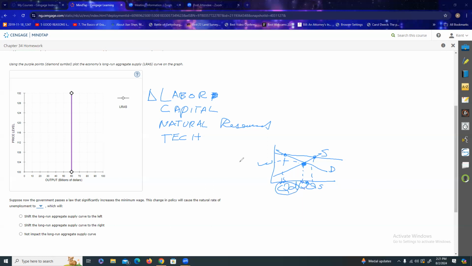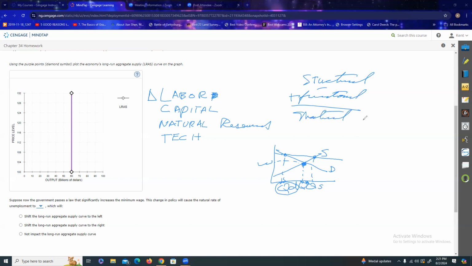And so what's going to happen to the long run aggregate supply curve? It says the change in policy will cause the natural rate of unemployment to... well, the natural rate of unemployment is structural unemployment plus frictional unemployment. That is the natural rate of unemployment.